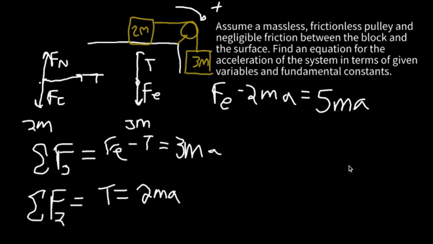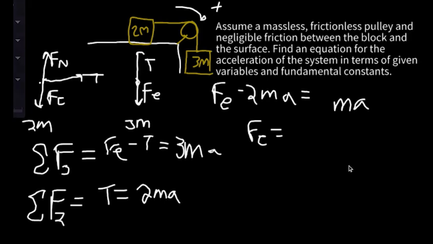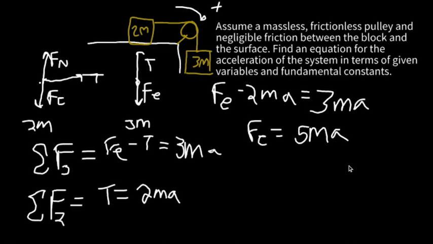Right, you can add the 2ma, and then, getting a little ahead of myself there, you get the force of the earth equals 5ma, and that will give you the acceleration of the system equal to the force of the earth divided by 5m.